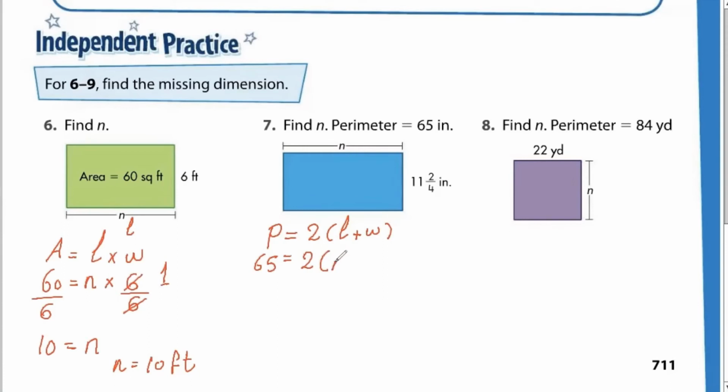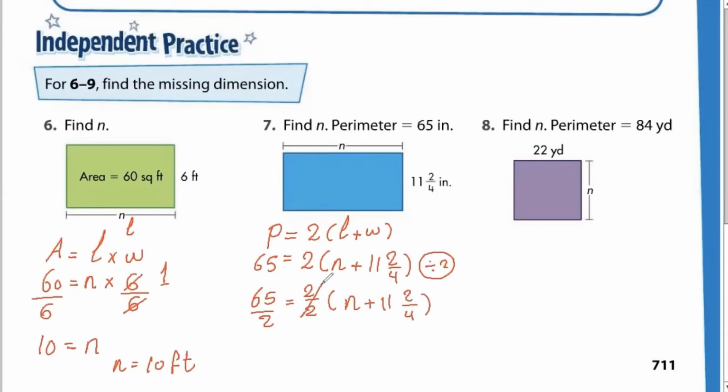Length is n, and width is 11 and 2/4. Now I will divide both sides by 2. 65 divided by 2 equals 2 over 2, n plus 11 and 2/4.